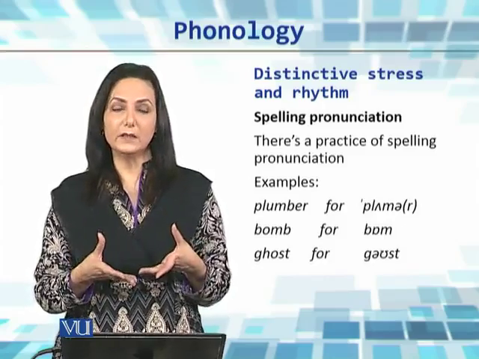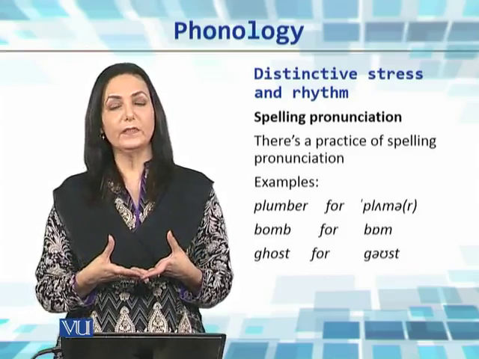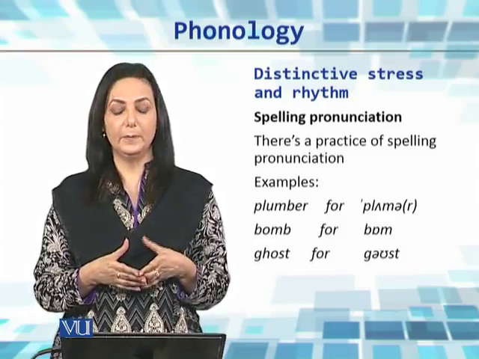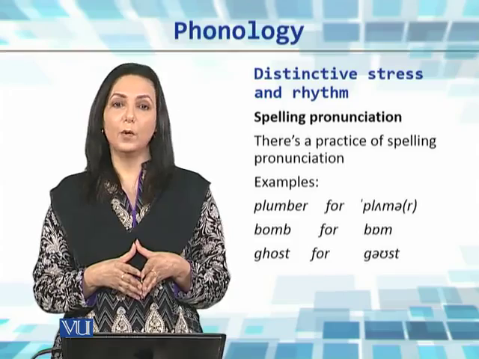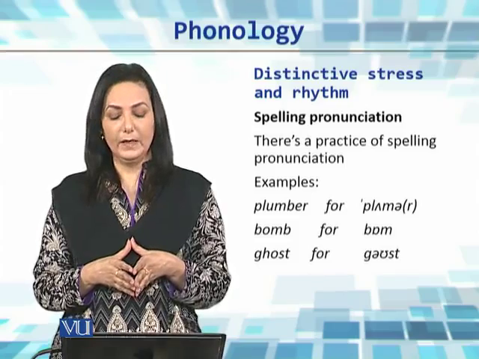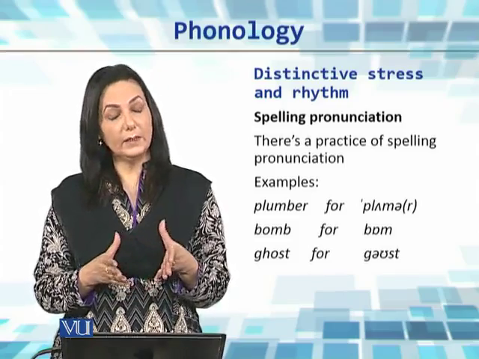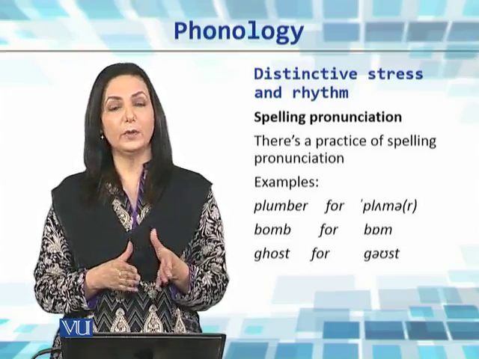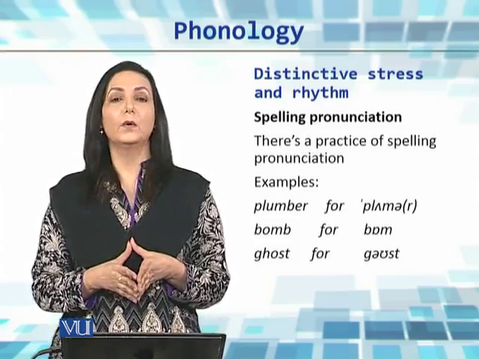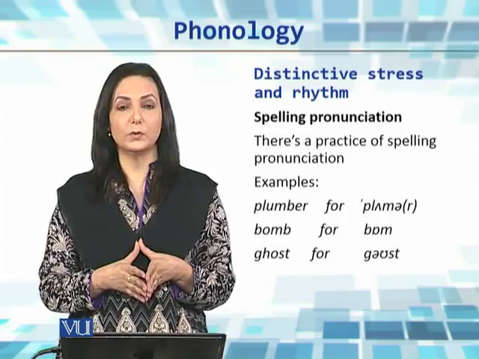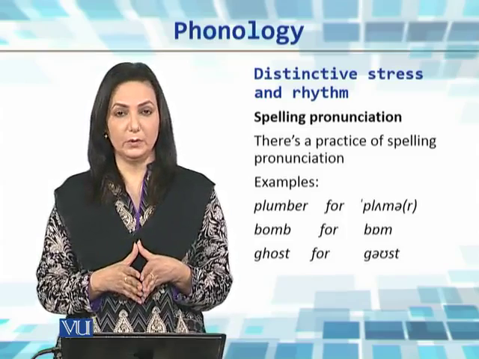Since there's a B in the spelling, they would pronounce it too. So plumber instead of plumber. Similarly, bomb instead of bomb. And ghost, they would pronounce the h sound also, although the correct pronunciation is ghost, when h is not pronounced at all.